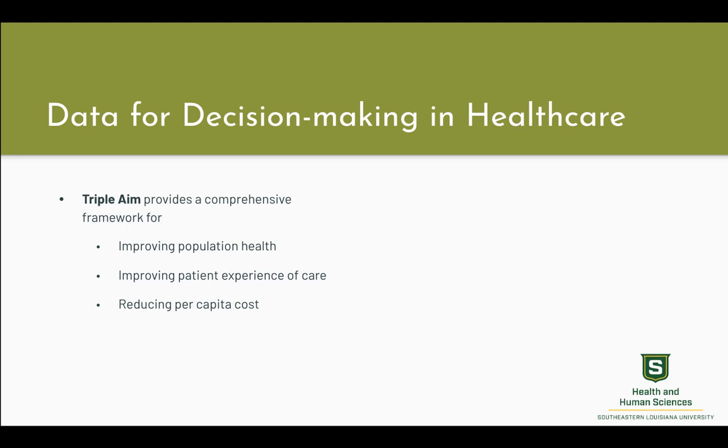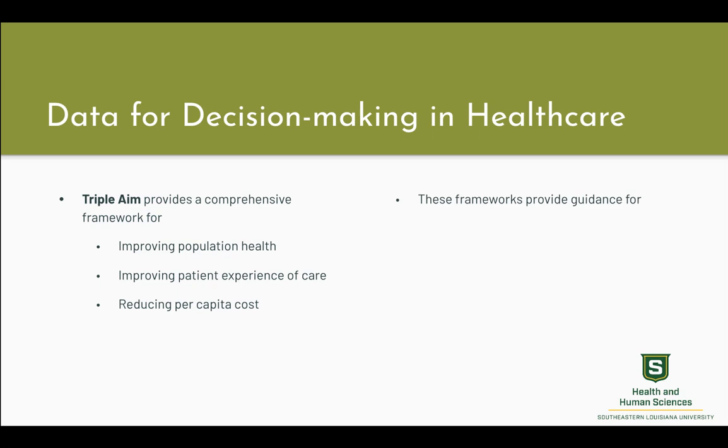We could be looking at it from the side of trying to improve population health, or from the angle of trying to improve patient experience with healthcare, or trying to reduce per capita costs by understanding how much it costs to take care of one patient.